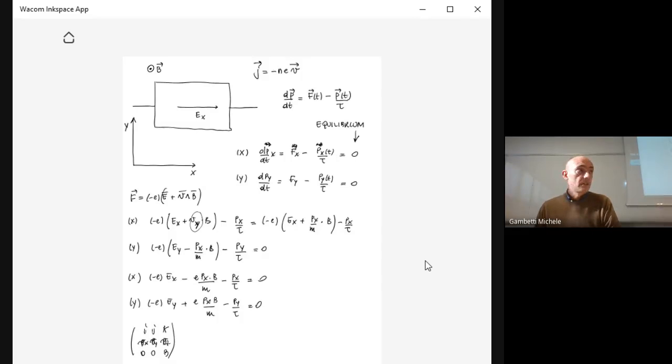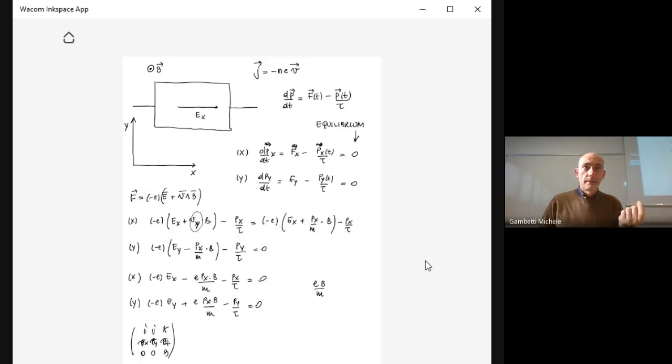In the second term, the term where we have B, we have a common feature in the two equations, that is eB divided by m. Have you already found this ratio, eB divided by m? Do you know the meaning of that? No?